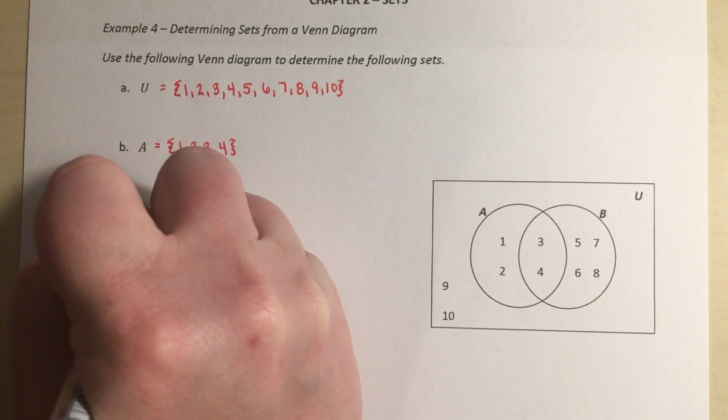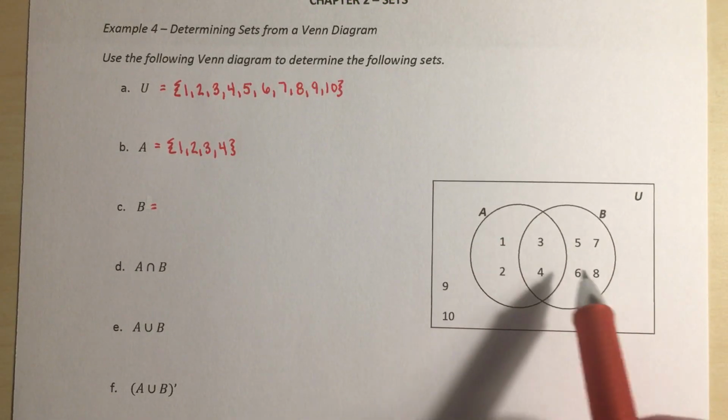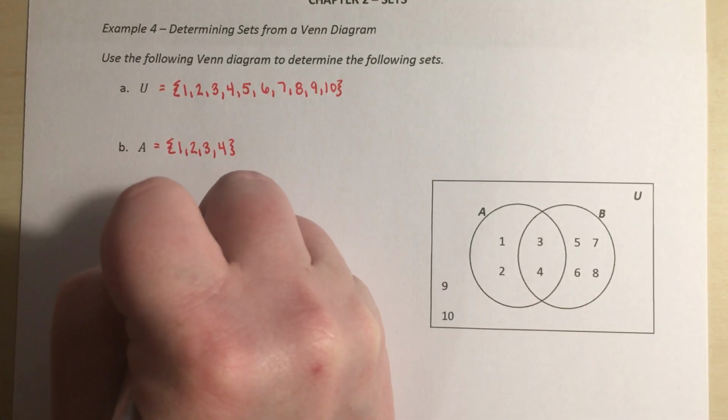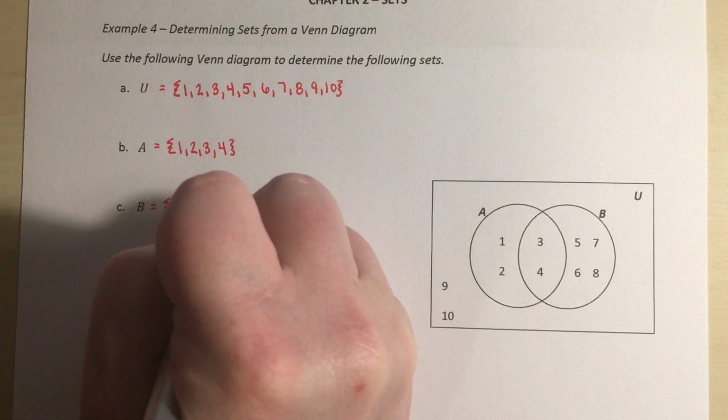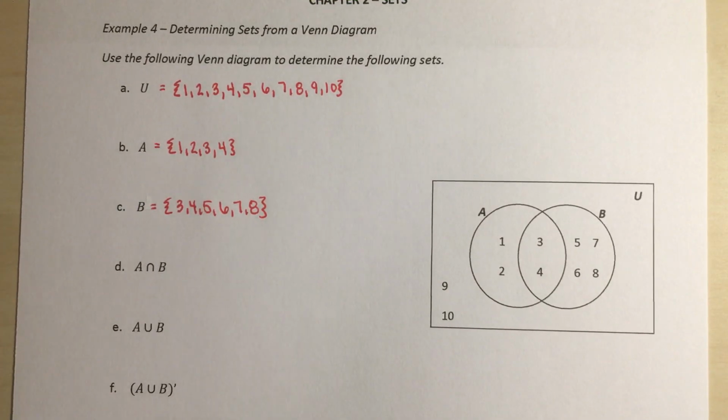So set B, we have 3, 4, 5, 6, 7, and 8. Once I fix that typo, set B is going to be regions 2 and 3 in our Venn diagram: the middle part where they overlap, and then the right portion of the circle in B.